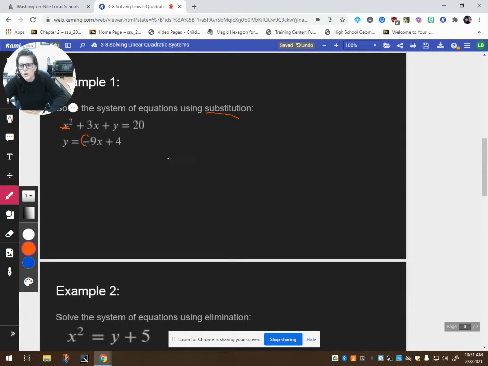So I know that y is equal to -9x plus 4. So I'm going to come up here and take out this y, and in its place, I'm going to put the -9x plus 4, and then keep my equals 20.